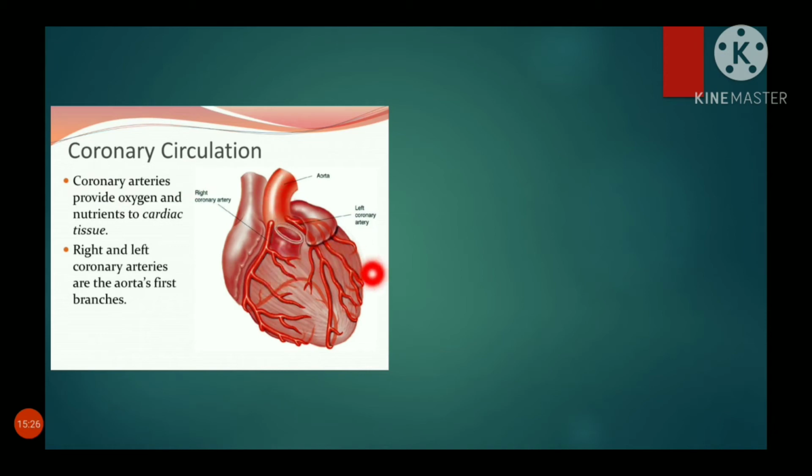The right and left coronary arteries are the aorta's first branches, the main branches of the aorta. What is the aorta? It carries the oxygenated blood to various organs of the body. That is coronary circulation, which can be seen within the heart.